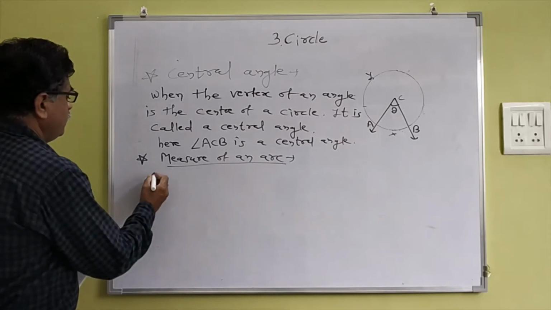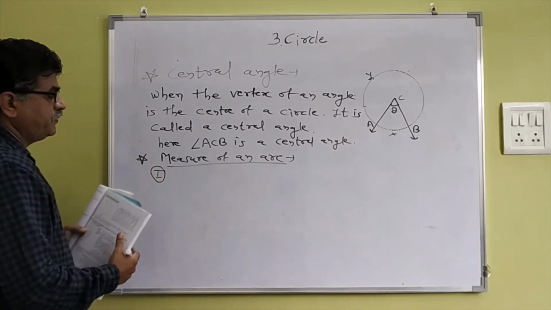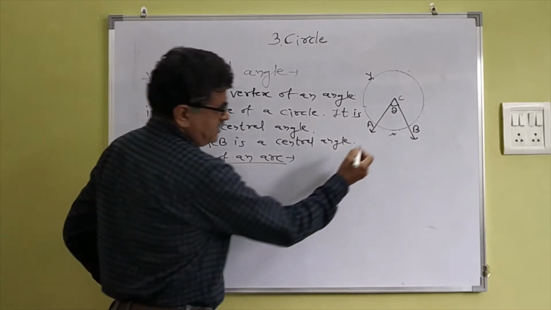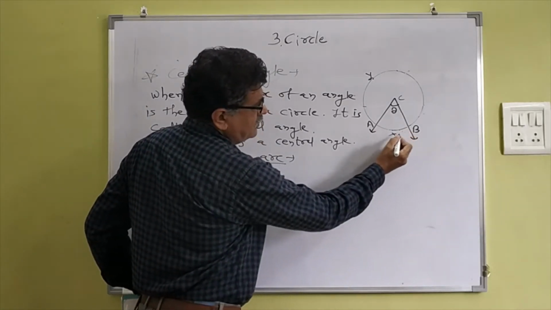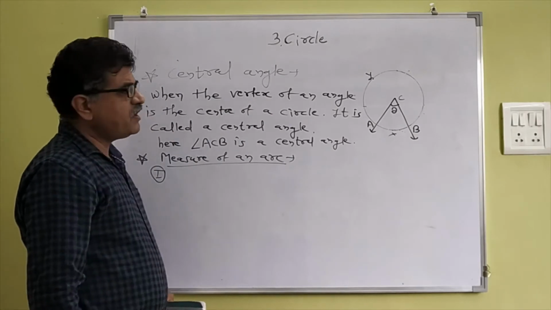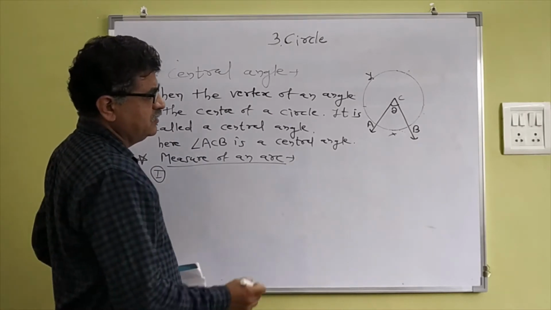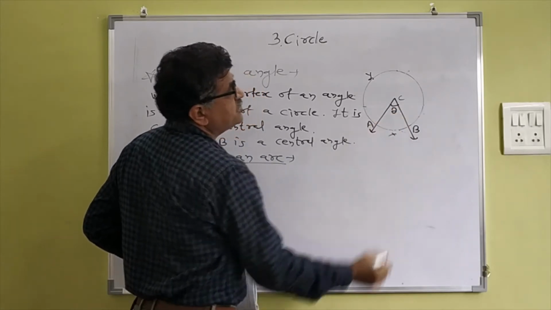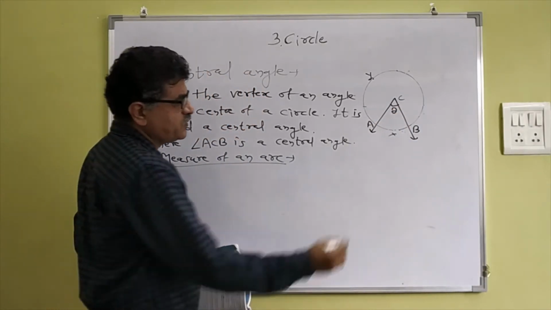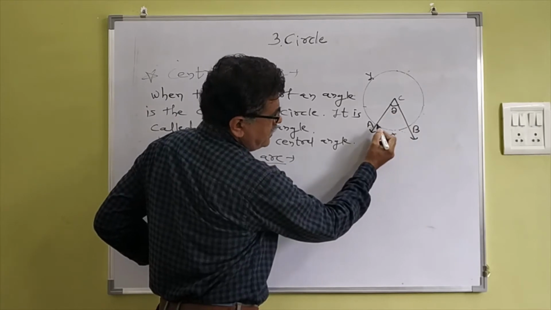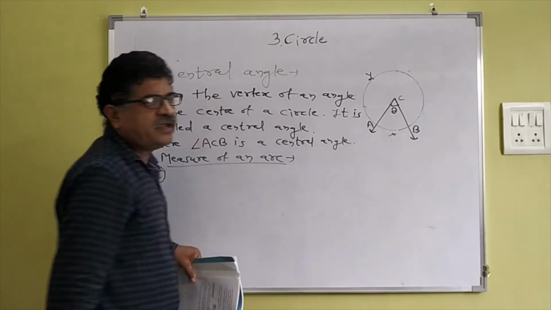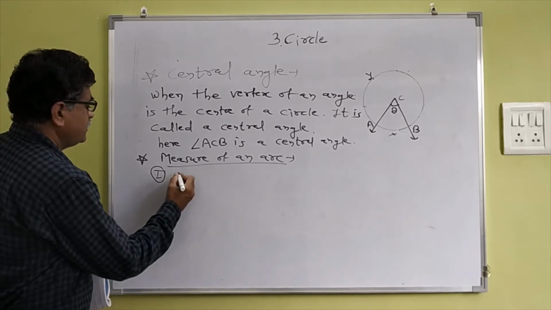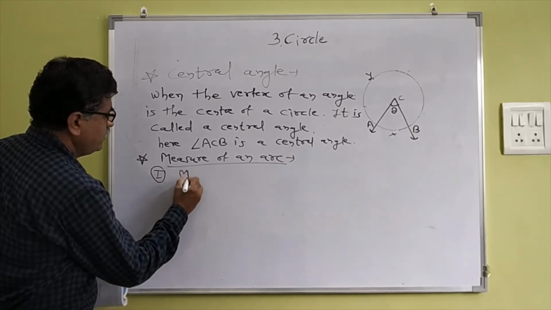Now, first condition: measure of a minor arc. This is a minor arc. The measure of a minor arc is equal to the measure of its corresponding central angle. Suppose this angle is theta, therefore the measure of arc AXB is also theta.